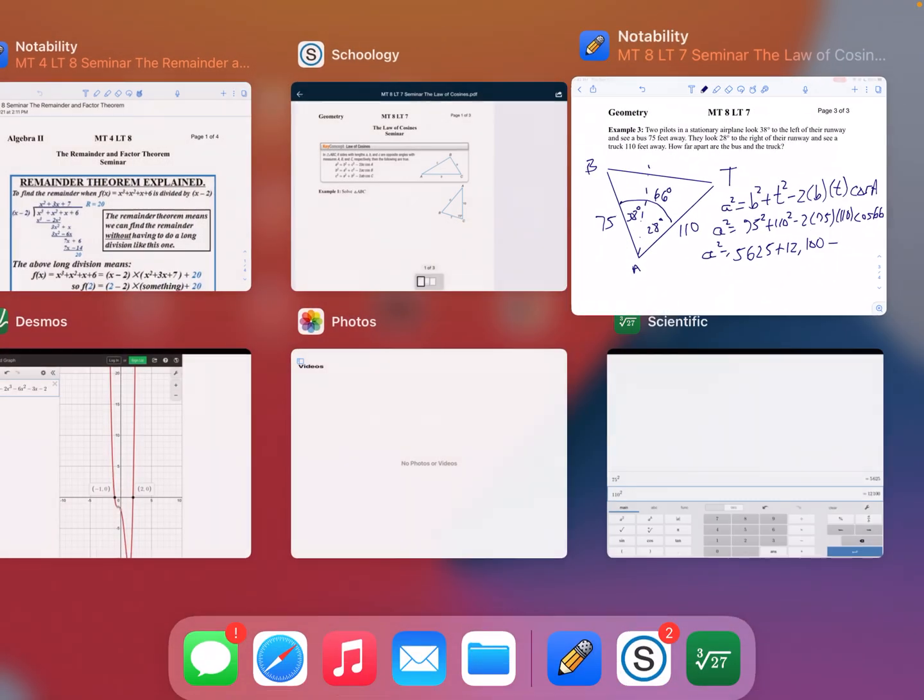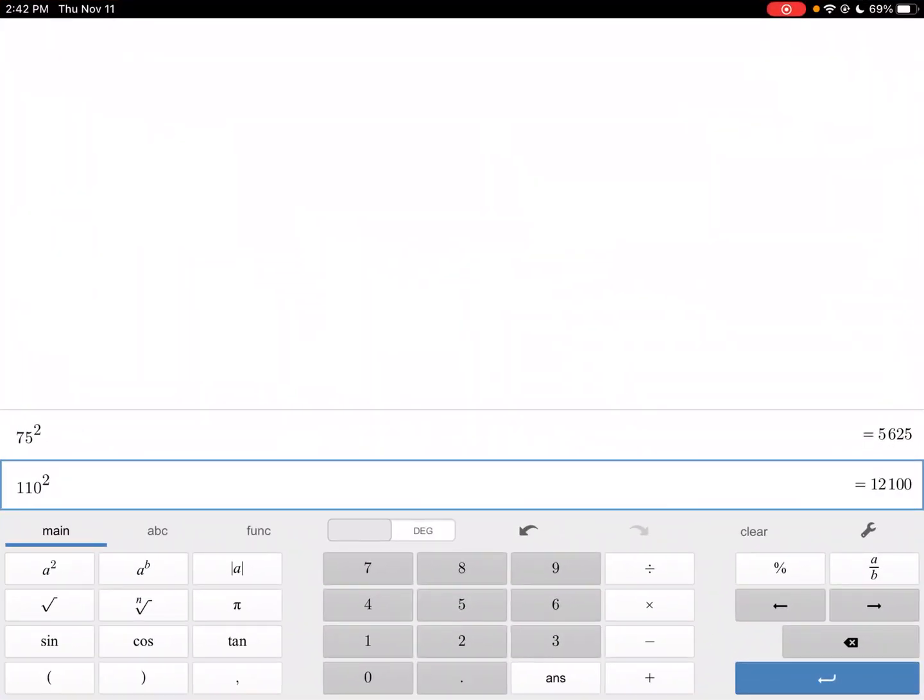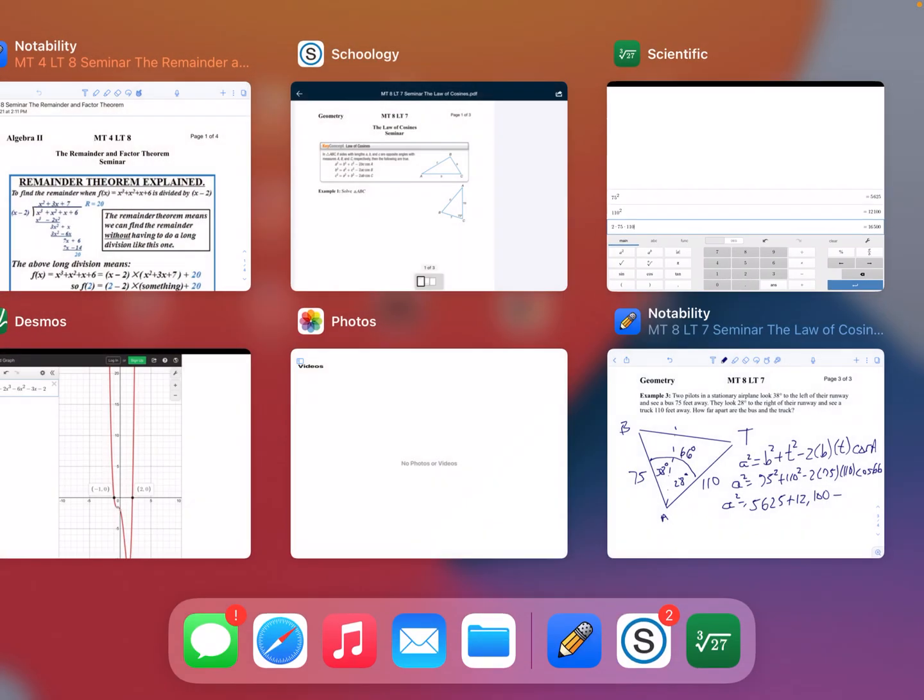Minus, if I take 2 times 75 times 110, we get 16,500.